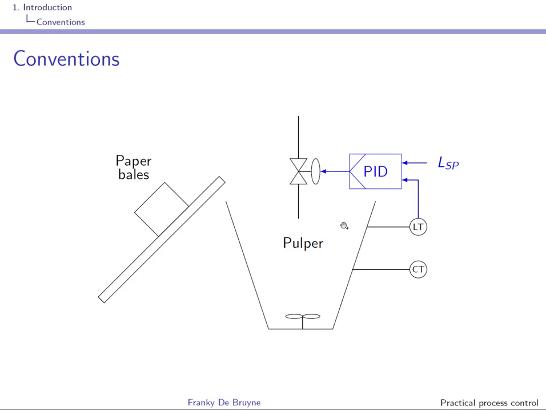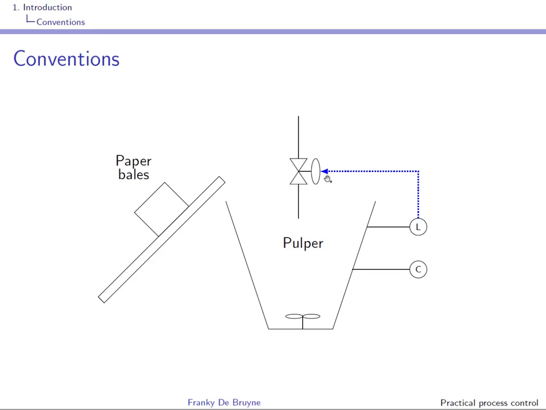What we'll often do is simplify this representation as follows. Very often this will be the representation that we will use, and this means that we're using a level measurement to control the system using this control valve.